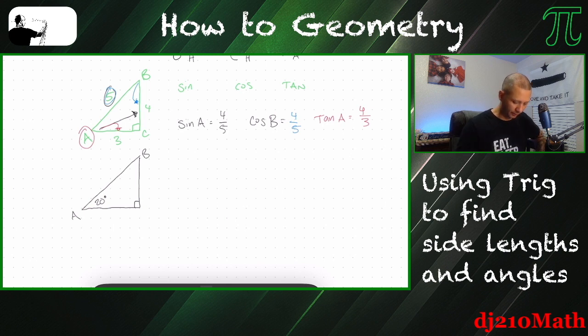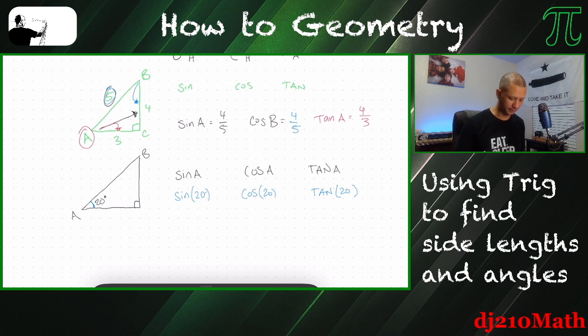So in this case, if I wanted sine of A, or even cosine of A, or tangent of A, well, in this case, A would be 20, because that's the angle that's given to us. And this is calculator work for sure. We're going to use sine of 20 in the calculator, and we ensure that our calculator is in degree mode. Cosine of 20 and tangent of 20.